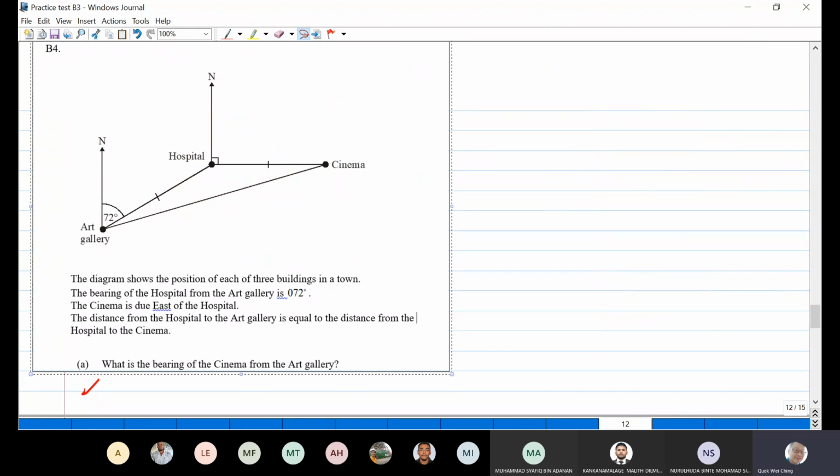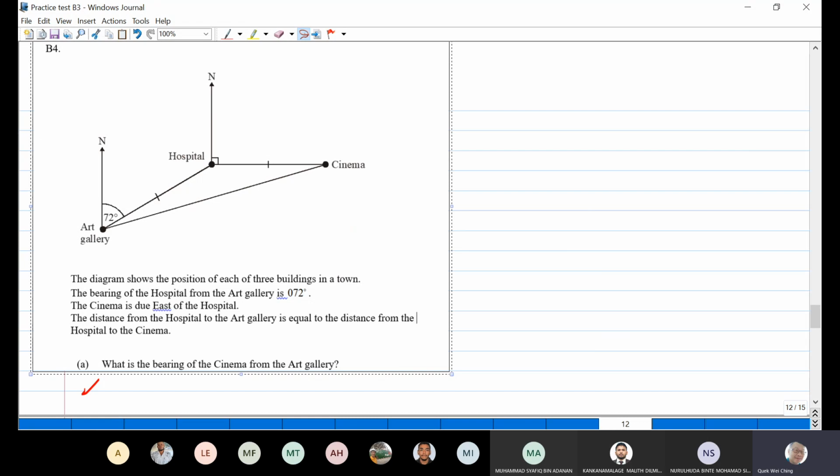I'll only show you part A. What is good about this question is that I give you the triangle in the question, so you don't need to worry that you draw a wrong triangle. The triangle I draw for you is always the correct one.